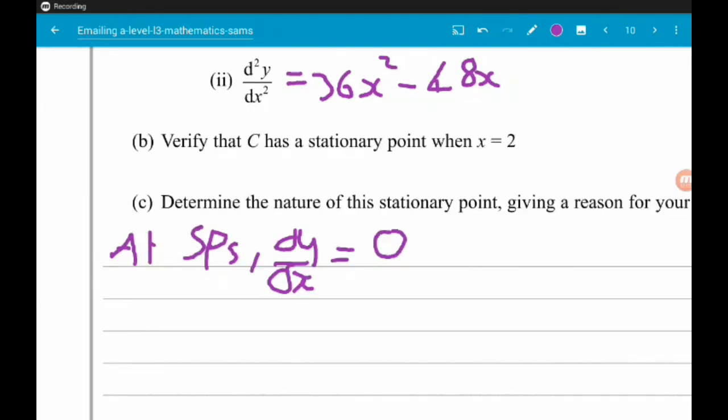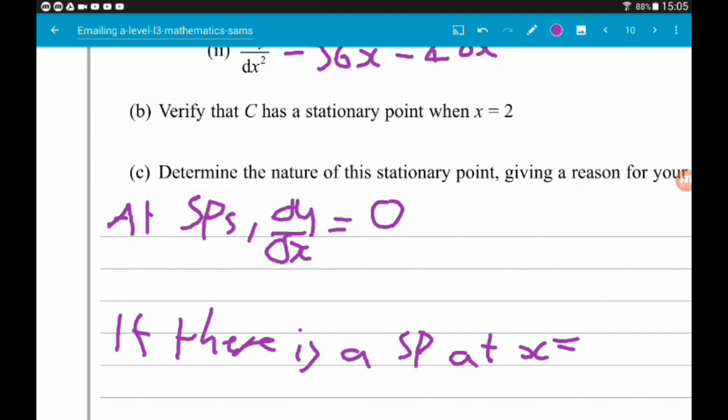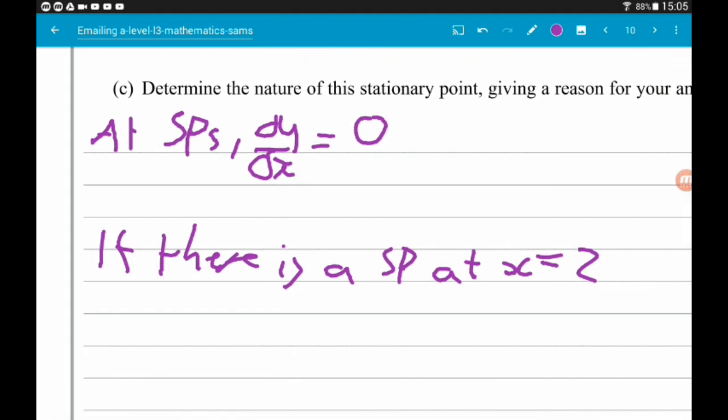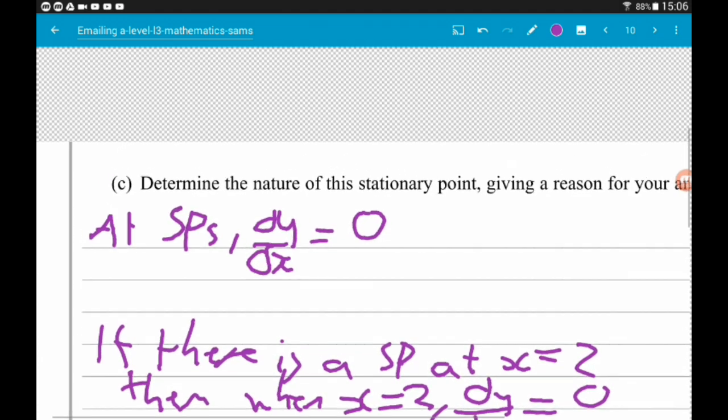So to verify this, if there is a stationary point at x equals 2, then when x equals 2, dy by dx has to equal 0.